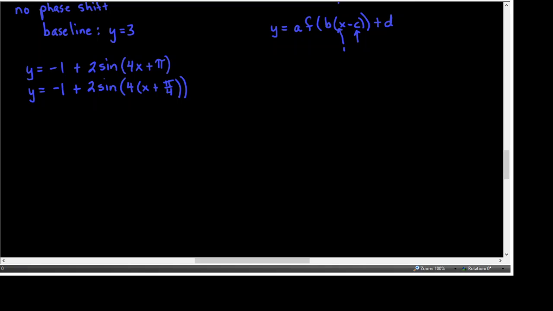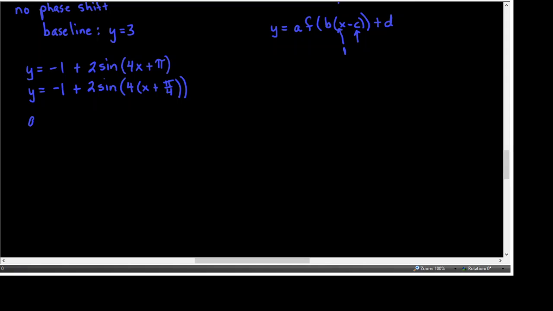Not pi, it's pi over 4. So this is something you're really going to have to look for: the coefficient of X has to be 1 inside the parentheses, so that the number behind X that's added or subtracted is the phase shift. And so we have to do that factoring in order to get that done.